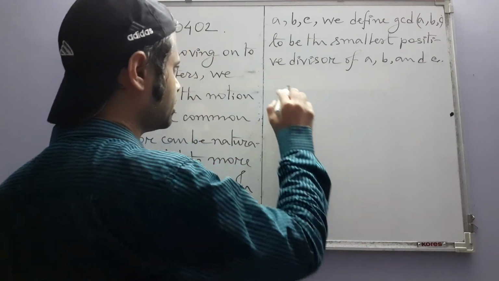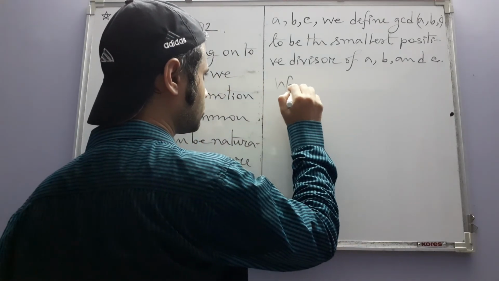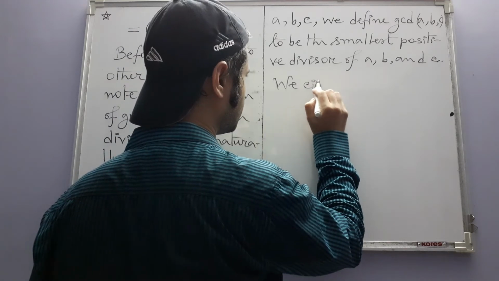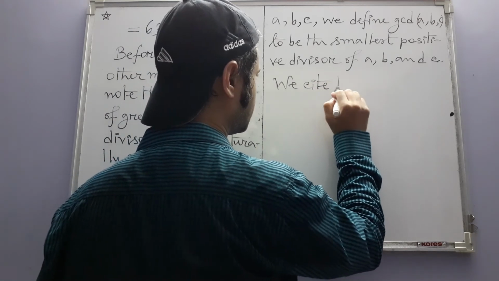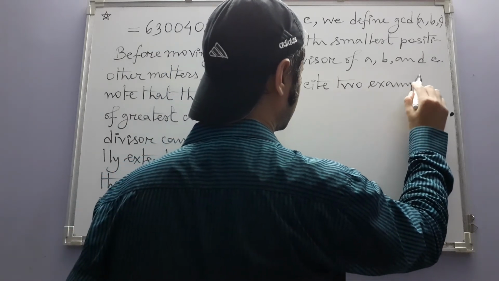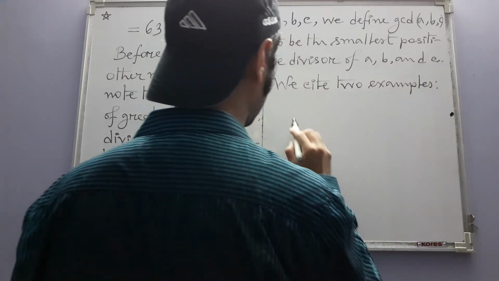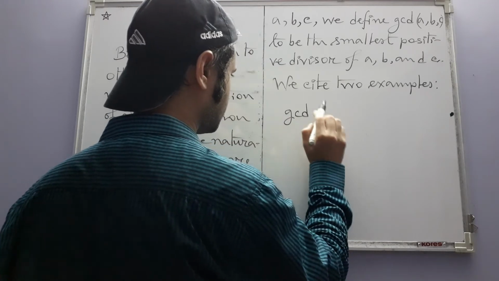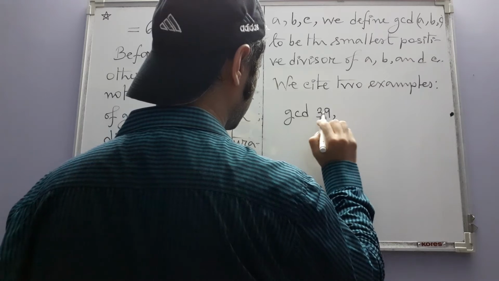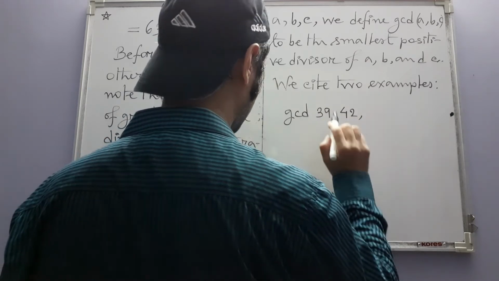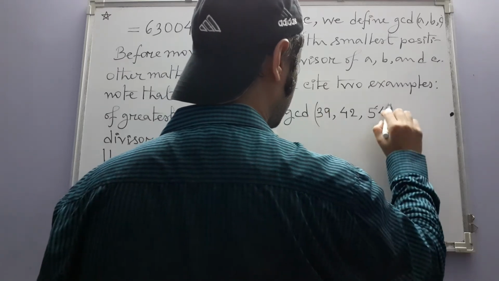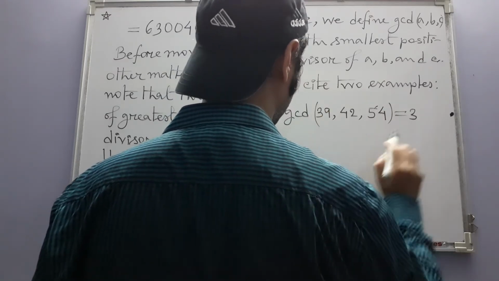We cite two examples of this extended definition. One of them is this: GCD of 39, 42 and 54 turns out to be equal to 3.